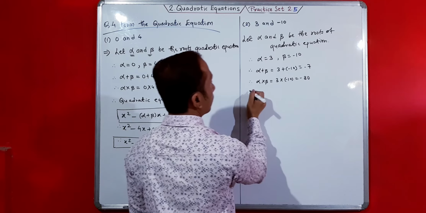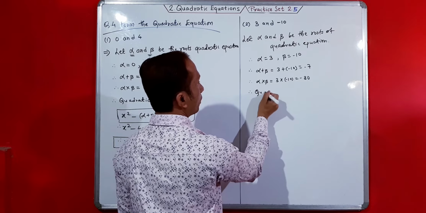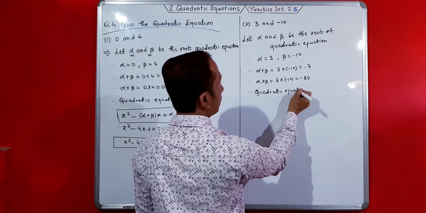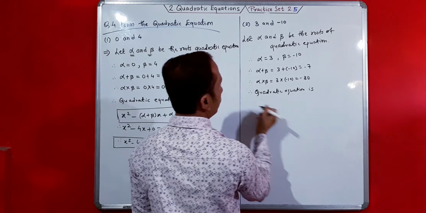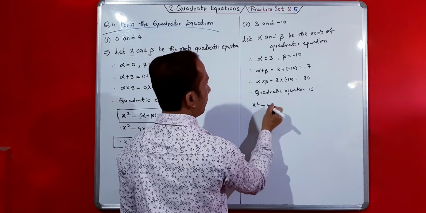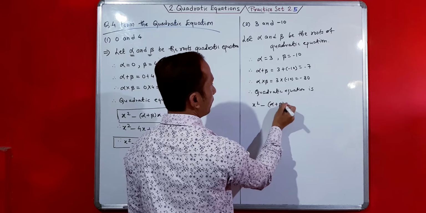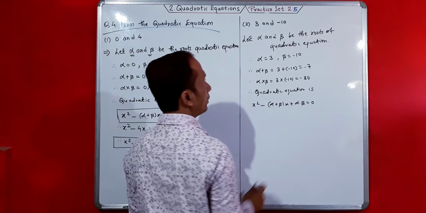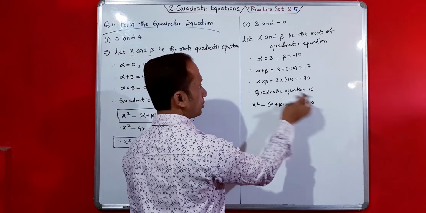Therefore the quadratic equation is, as you know, x square minus alpha plus beta x plus alpha into beta is equal to 0. Either you put this sign or just put the dot.